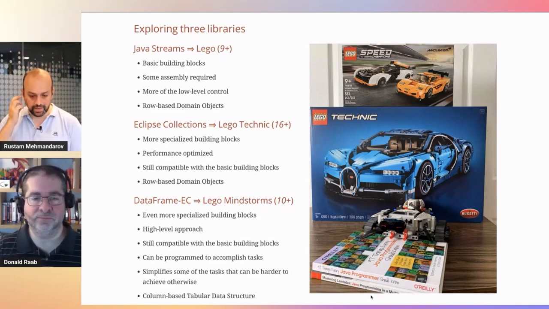Now, DataFrame-EC is a little bit different. It's more similar to Lego Mindstorms, where it has a smart thing in the middle that can be programmed to do things. The way I like to think about DataFrame-EC, which is probably not exactly the correct way, but it still helps me build a mental model, is as a spreadsheet, where you have both data and also smartness and filtering that you can build into a spreadsheet, in whatever program you're using for that. So here we have even more specialized building blocks.